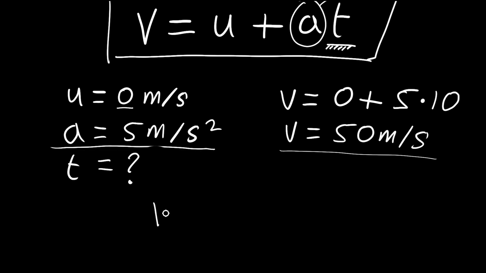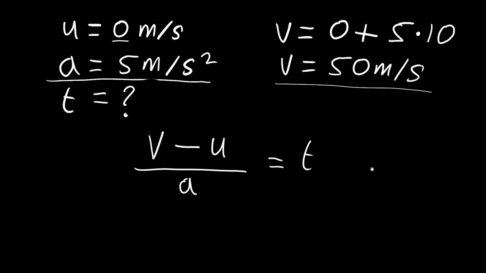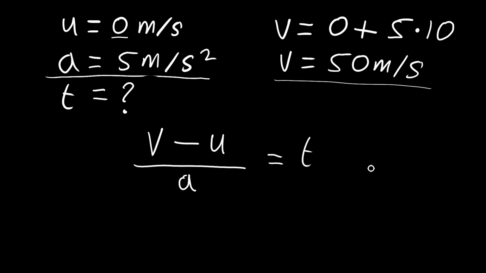So, final velocity minus the initial velocity divided by the constant acceleration is equal to the time. And that will give us the time it takes to reach 50 meters per second when we have a constant acceleration of 5 meters per second squared. So let's see if our dimensions balance on both sides of the equation.